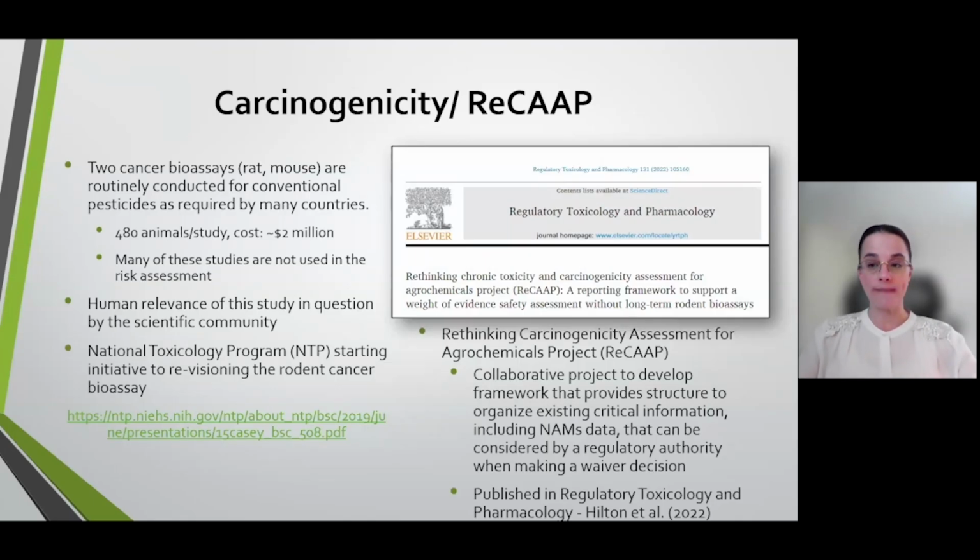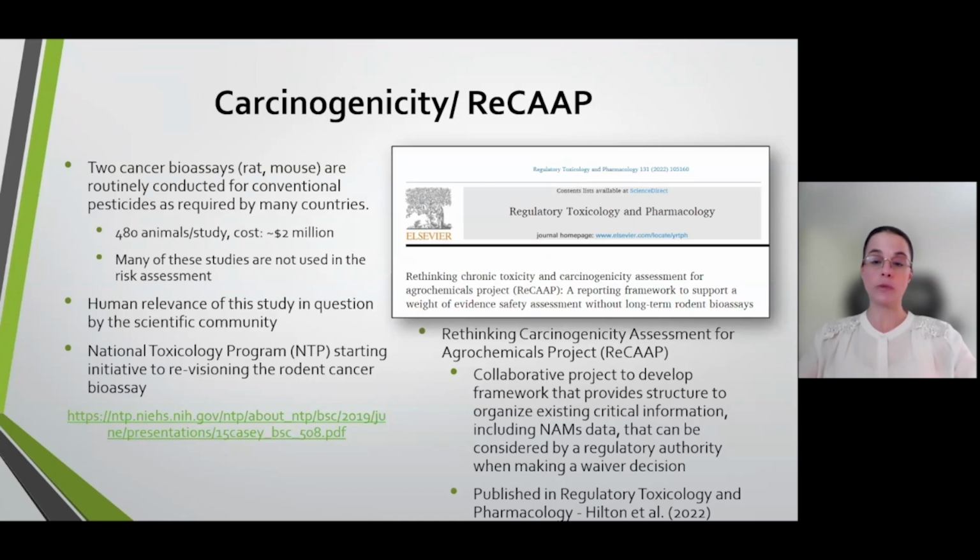So looping the waiving of studies and the HAZPOC in specifically with carcinogenicity testing, OPP has been actively involved in the development of a guidance document in order to waive some of these carcinogenicity studies. The Rethinking Carcinogenicity Assessment for Agrochemicals project, also known as RECAP, was a collaborative effort led by PETA International, with contributions from several other governmental organizations, including the US EPA, as well as pesticide registrants.